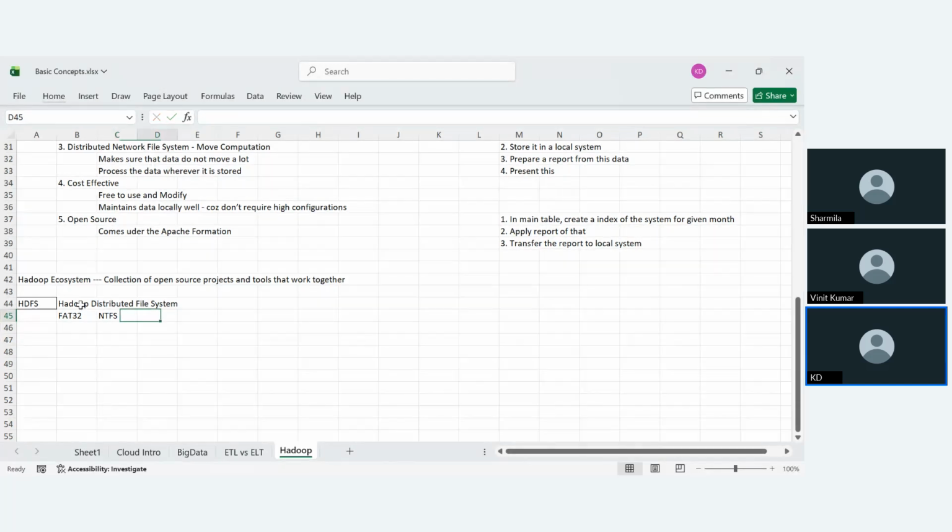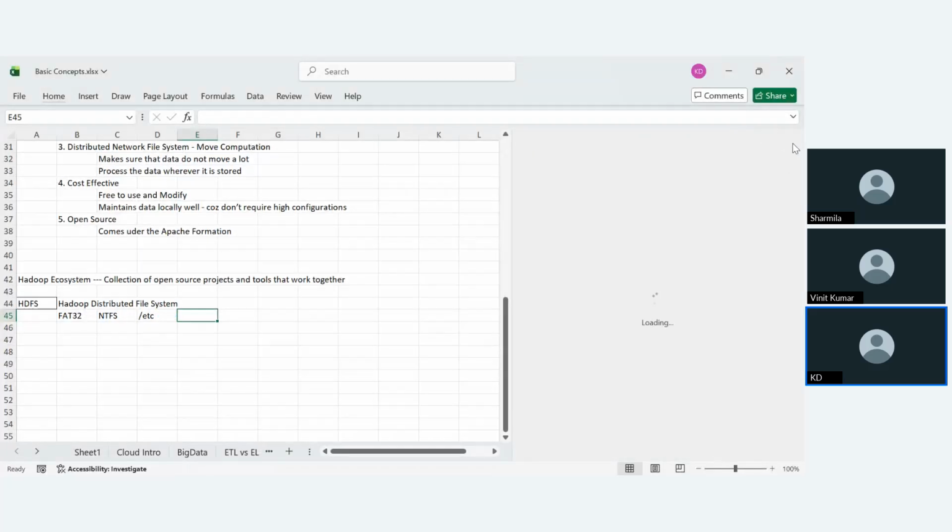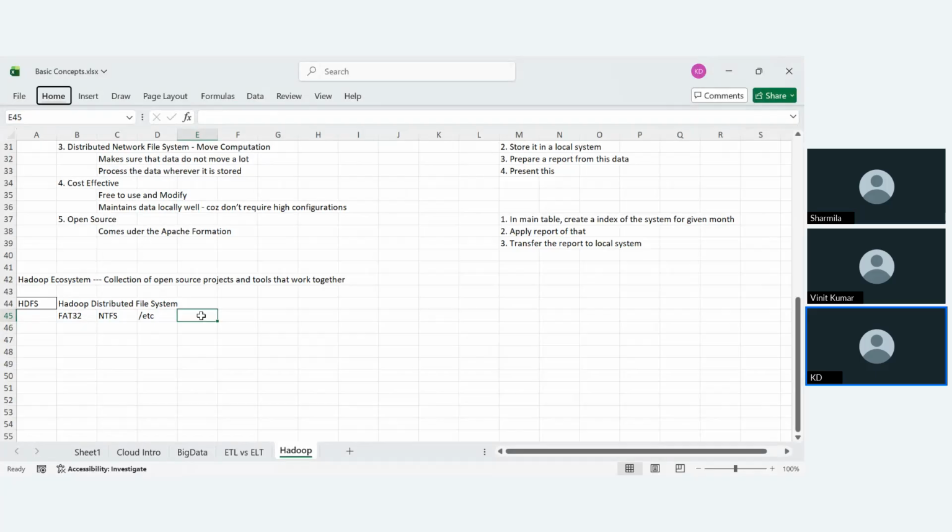Apart from that, when you install Linux, the main partitions are slash etc and slash system. These two main partitions are used usually for the Linux installation, right?